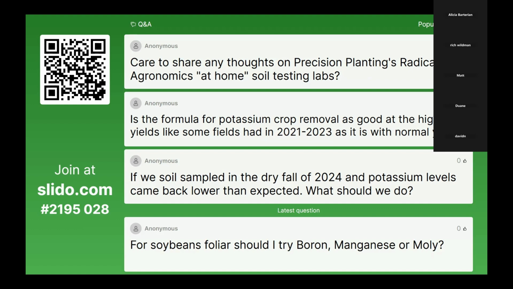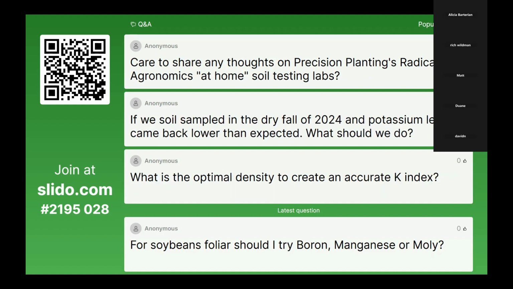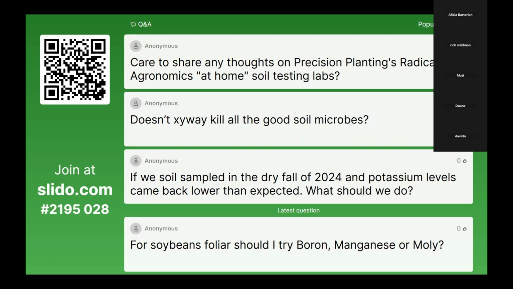Care to share any thoughts on Precision Planting, Ground Agronomics, at-home soil testing labs? Yeah, I know at Commodity Classic they had this out there last weekend, and I heard about it about a year ago as well. Mobile testing labs, or I don't know if you call them necessarily mobile testing. Soil testing equipment is kind of complex, and ICP machines.